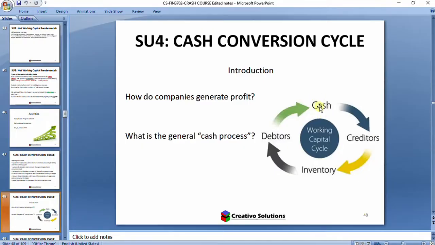That cash needs to be used as part of a business's operations. In other words, we need cash to pay off creditors. We need creditors to supply us with inventory. And because we have that inventory, we can sell that to a debtor at a profit. And once we've collected our outstanding debtors, we're going to then materialize or create cash again.